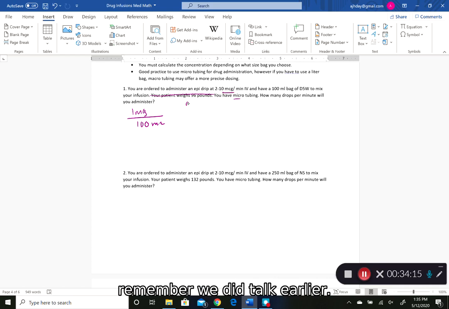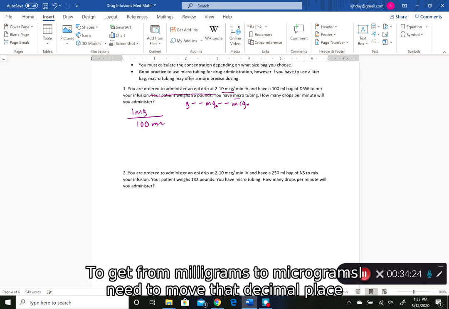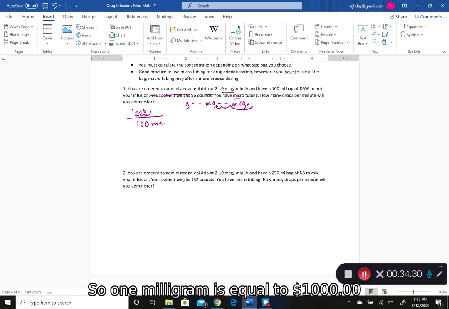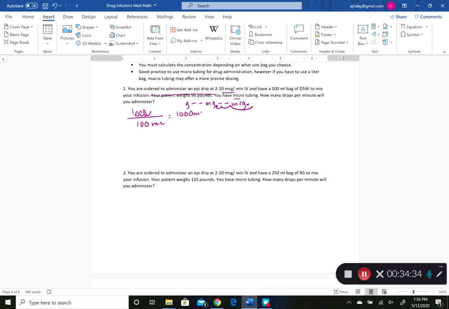Remember, we did this up top earlier. To get from milligrams to micrograms, I need to move that decimal place over 3 spots. So 1 milligram is equal to 1,000 micrograms in 100 mLs.